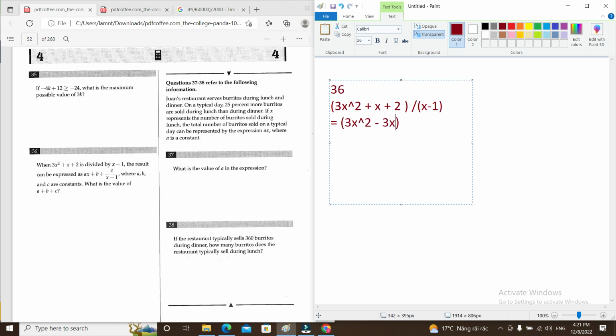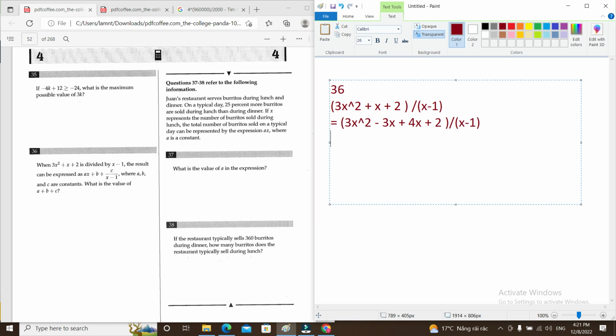minus 3x plus 4x, because 4x minus 3x is x, plus 2, over x minus 1. And you can see this part right here is divisible by x minus 1.